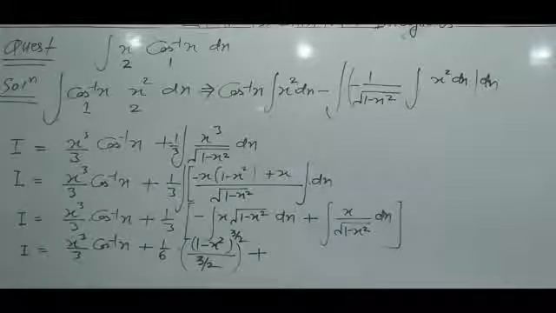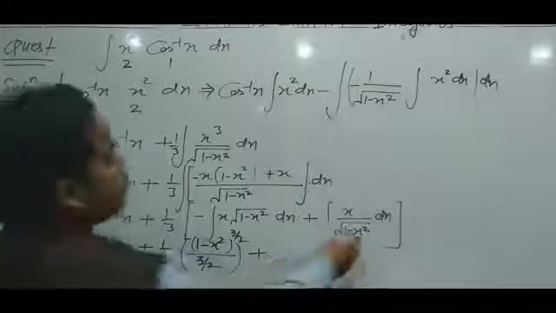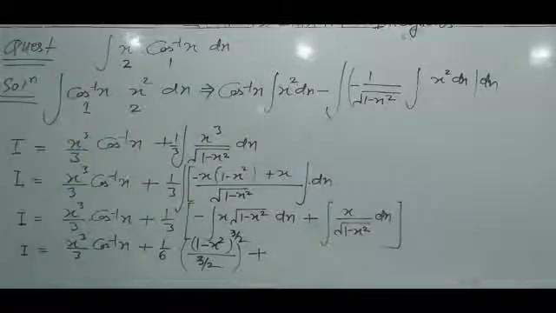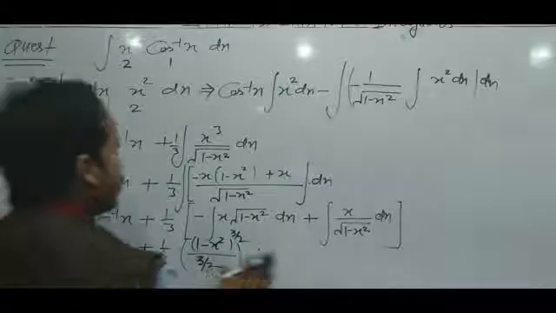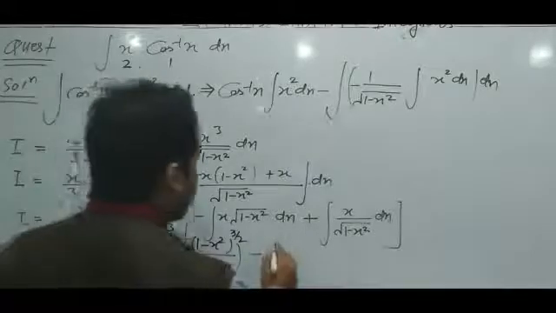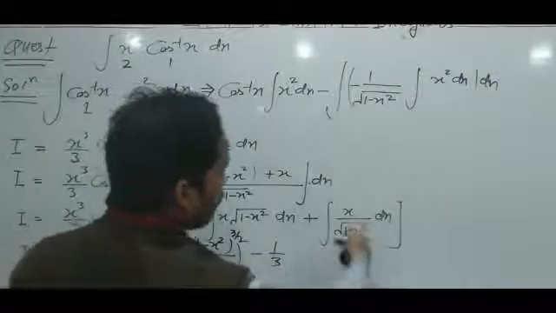Suppose we consider 1 minus x square as t, so 1 upon root t, the result will be root t, with negative sign, so its integral will be 1 by 3 with negative sign, minus x dx.